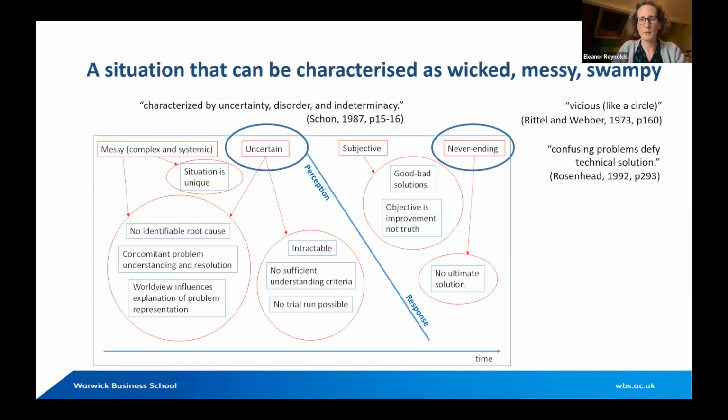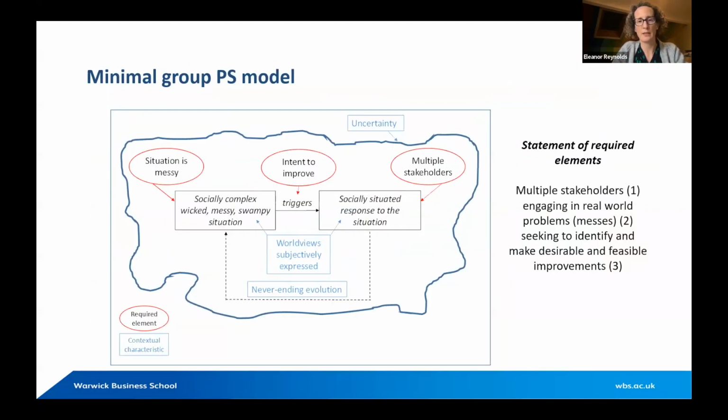So I adapted my initial model, adding in 2 further contextual characteristics. I was labeling that feedback loop never-ending evolution, and encasing the whole in a blob to represent uncertainty. And from that, then, I was able to say, okay, I can make a statement of the required elements for problem structuring, not problem structuring method, just problem structuring.